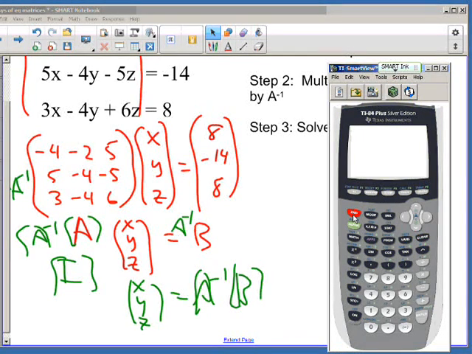And so we do second inverse, get over to matrix A. And now I have a 3 by 3, entering these values for A. And then quit and go for matrix B. Now it's a 3 by 1.